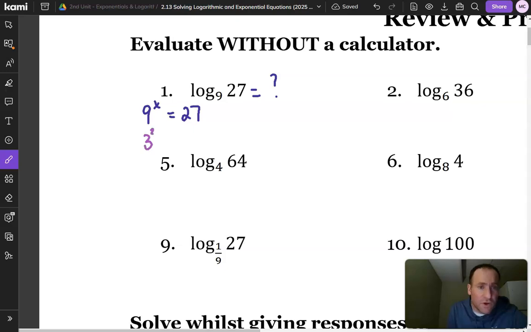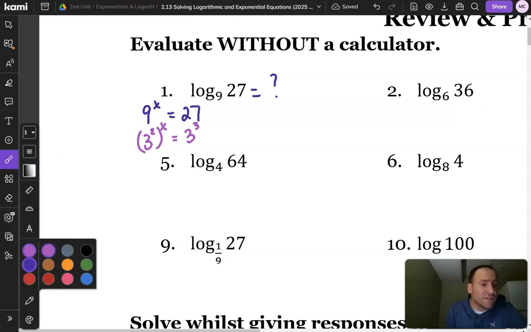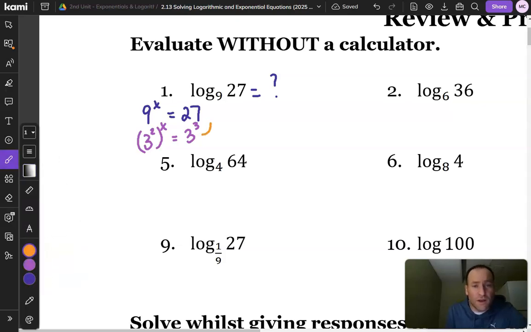So we can rewrite 9 as 3 squared, and 27 is 3 cubed. Okay, this is obviously way more work than you'd want for a question number 1, but that's okay. Power to a power, remember we multiply those exponents, so 3 to the 2x equals 3 to the 3. And as you know, since we have the same base here, that means the exponents have to be equal to each other.